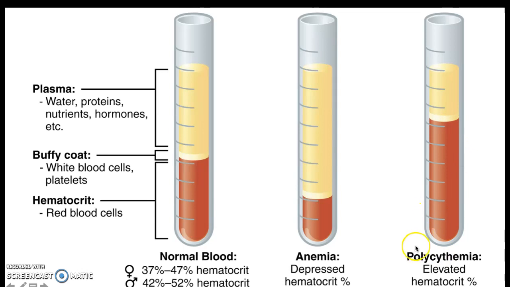This is what the word polycythemia means: many blood cells. Polycythemia and anemia can have many causes. There are several diseases that can be associated with either anemia or polycythemia. But you can see that the ultimate change is in the hematocrit, the percentage of red blood cells present in each tube. All right.